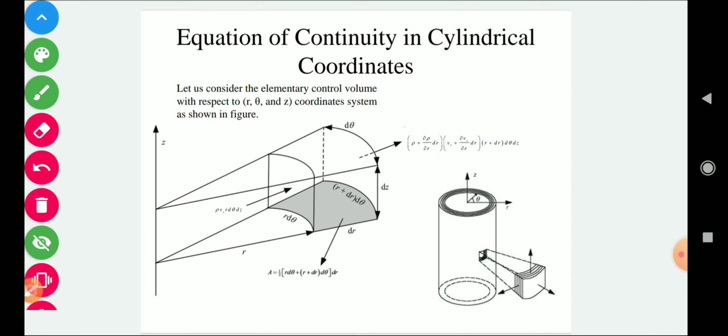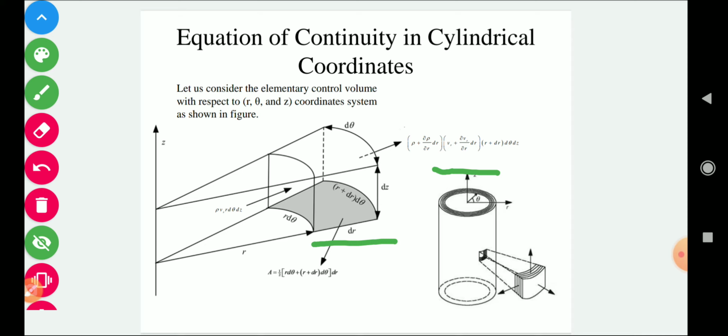Similarly, the velocity at the entrance is vr, and the rate of change of velocity is del vr by del r. If we multiply it by its distance dr, it will give the total change in velocity.